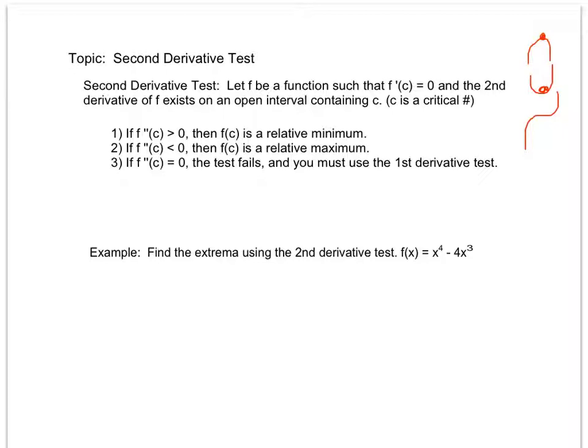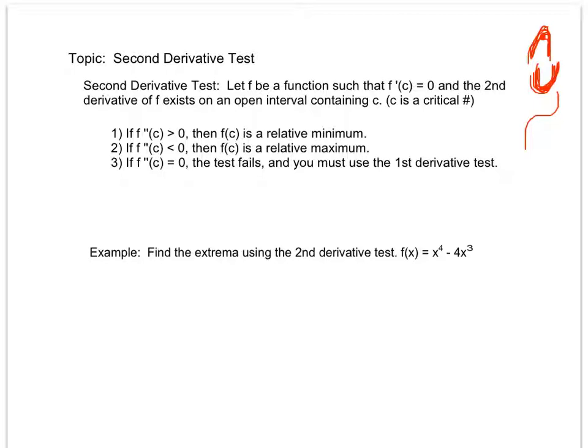So if I take my relative minimum or relative maximum and plug it into my second derivative test, notice that if my second derivative tells me I'm concave down, therefore my second derivative is negative, then I must have a maximum. If my second derivative tells me I'm concave up, then I must have a minimum.